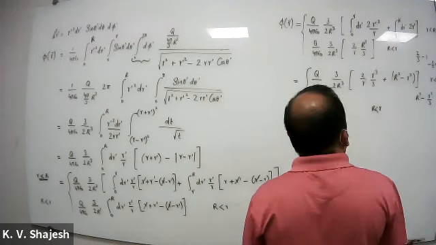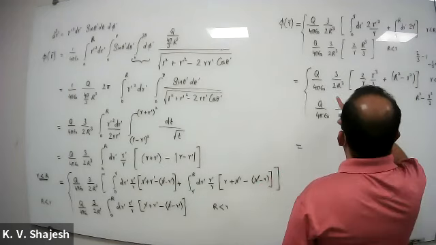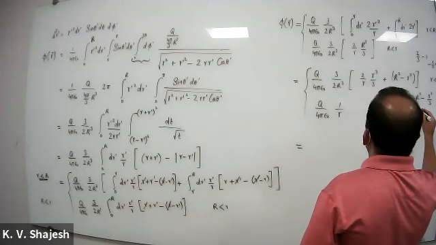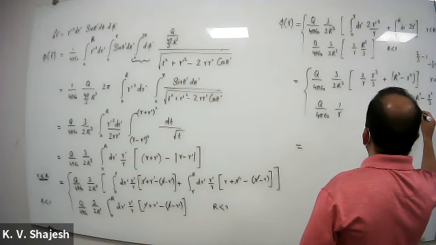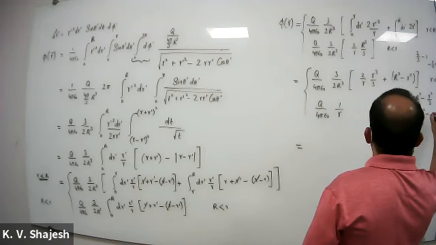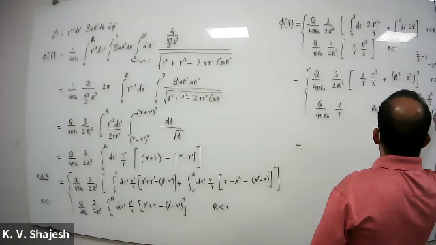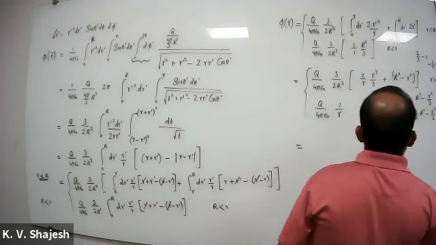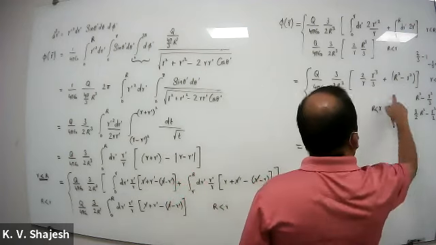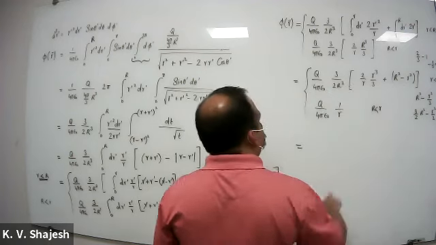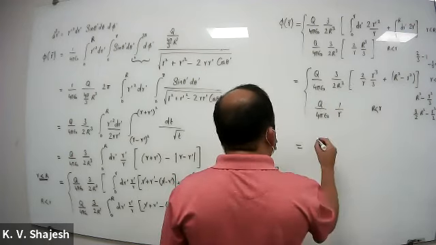Bring in the 2 by 3 in. So I have 3 by 2 r squared minus r squared over 2.